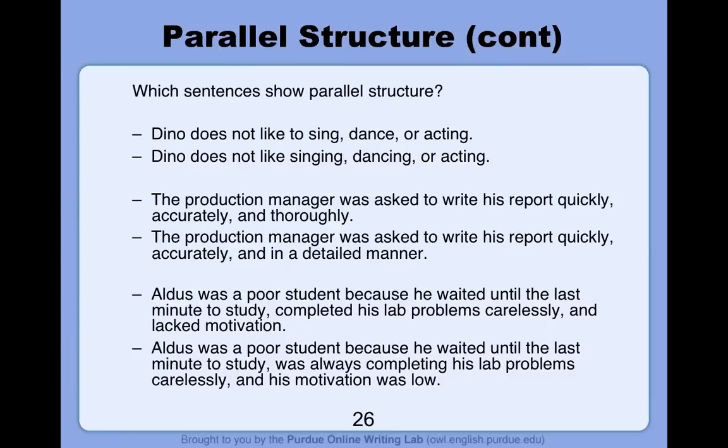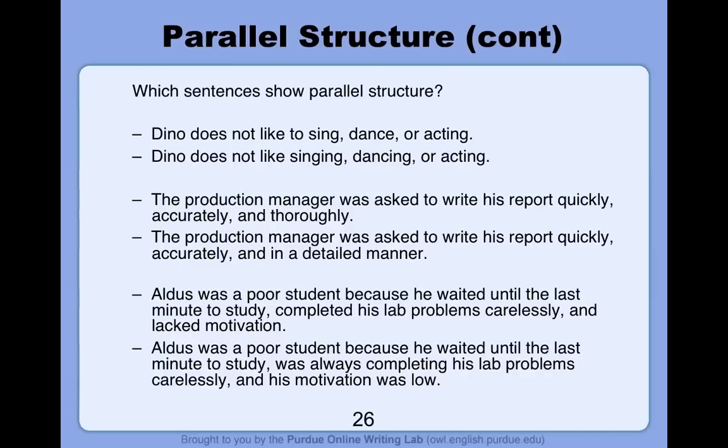Look at these sentences. Take a few moments and identify the sentences out of the 3 pairs of sentences on this slide that show parallel structure in a way they list the 3 words or phrases. The first pair, Dino does not like to sing, dance, or acting. Dino does not like singing, dancing, or acting. Which one is parallel?